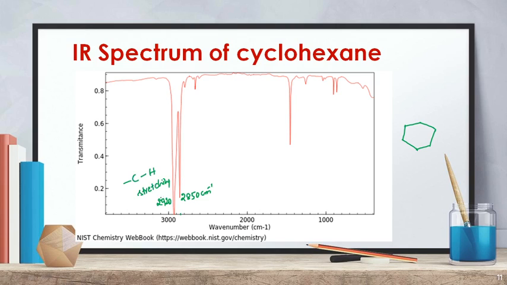The band with the higher value is due to asymmetrical stretching, and the band with the lower value is due to symmetrical stretching of the CH bond.